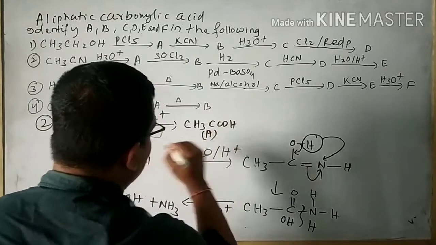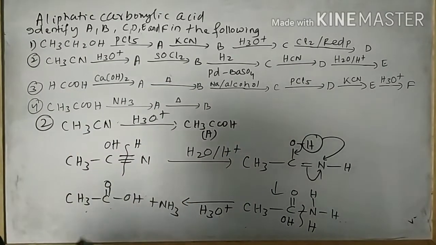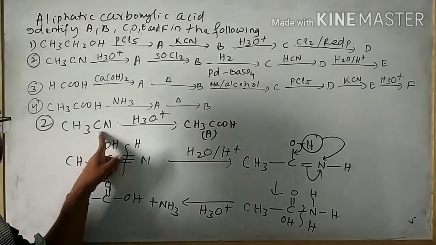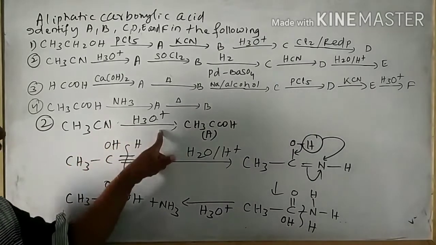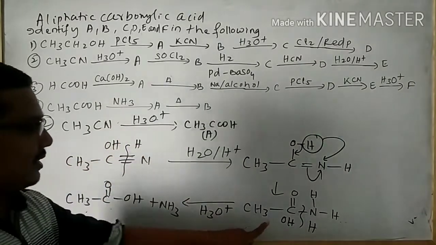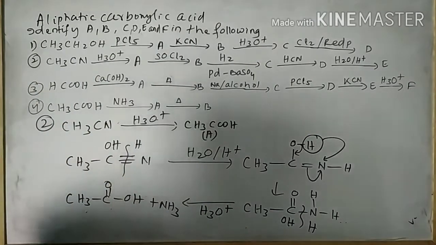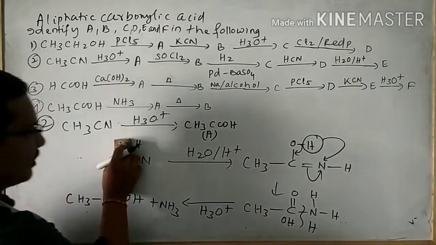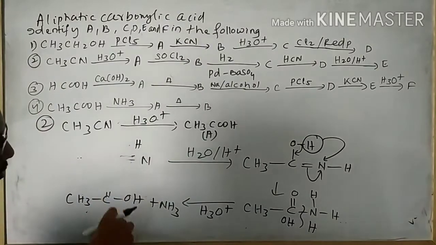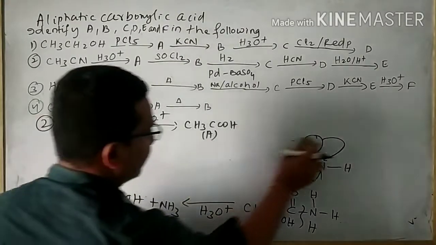This is the A product. Always remember, when an alkyl cyanide is subjected to acid hydrolysis, at first an amide product is formed, then the carboxylic acid product is formed.